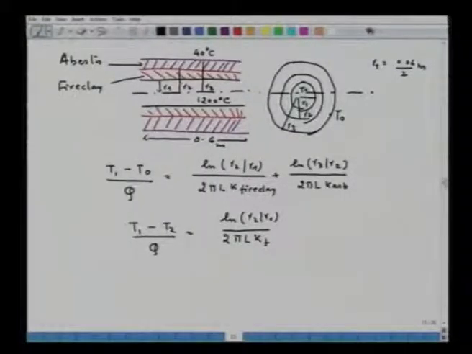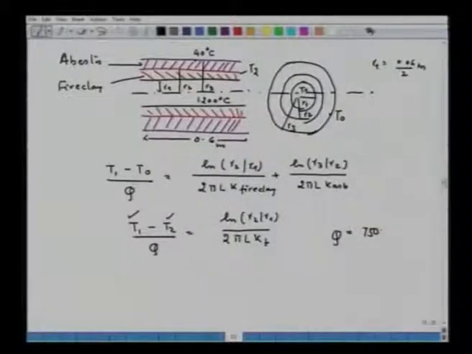Now this interface temperature I represented as T2. All that I have to do is substitute these values. T1 is 1200, T2 is 850, as we have just discussed. What is the value of Q? Q will be equal to the 750 watt supply, of which 75% is used, that is the value of Q. So you can substitute all the values.